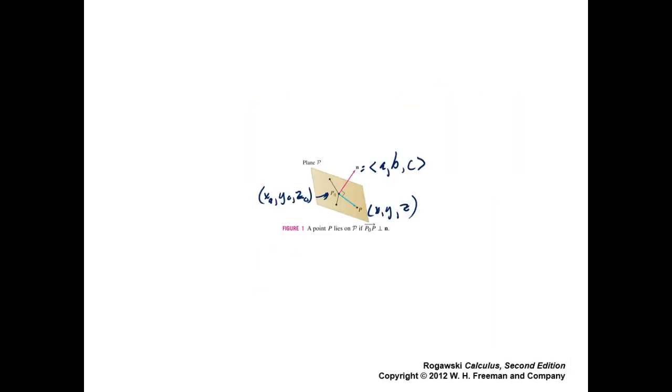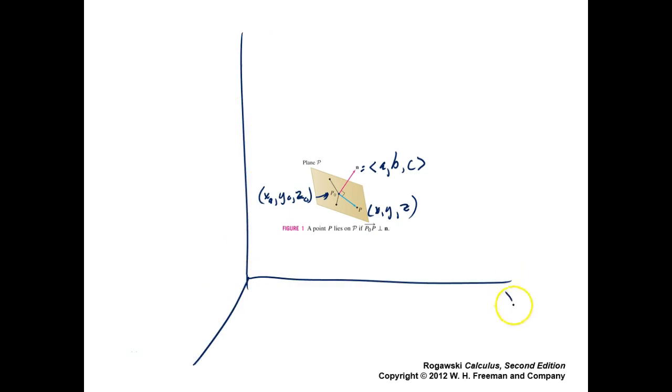Now, they didn't show that back here, but let me interject in a coordinate system here. It doesn't really matter where you put it. Let's say here's your x, y, z. Okay? Now, this vector here from the origin, wherever that happens to be, to there, would be the vector xyz.